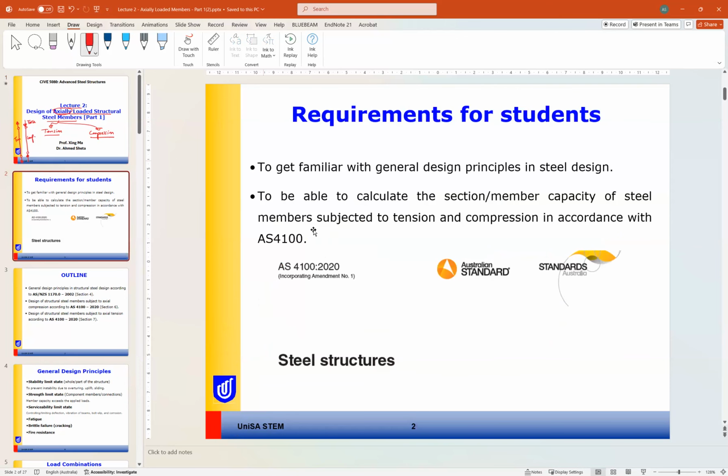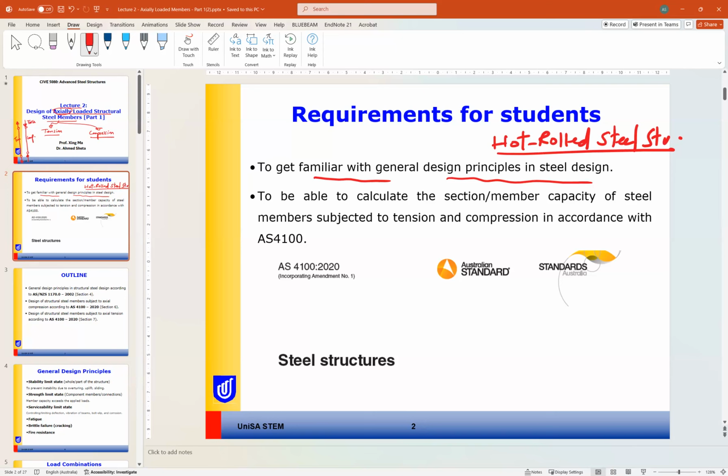In this week, after the end of this week, you should be familiar with the general design principle of steel design. And when we talk about steel here in this lecture, we are talking about structural steel or hot rolled steel members, because as you know, the first half of the course will be about hot rolled steel or structural steel.